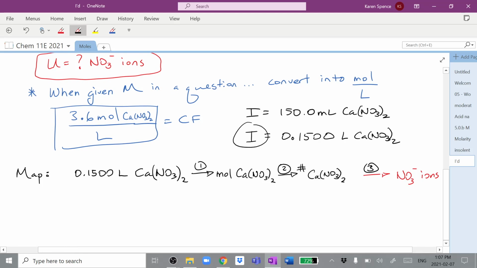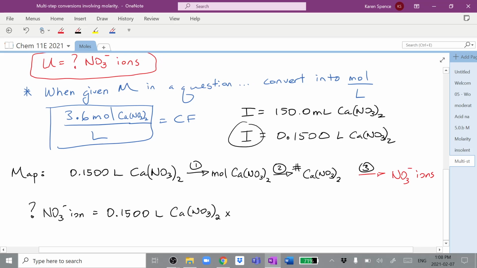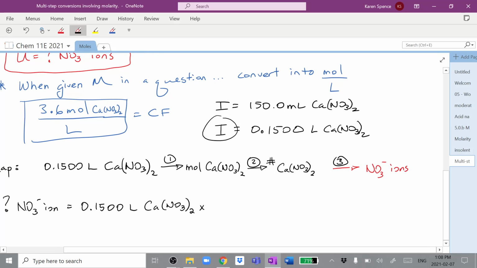So let's solve this puppy. How many nitrate ions are there in 0.1500 liters of calcium nitrate? Well, we need to convert from liters, and this is liters of solution.